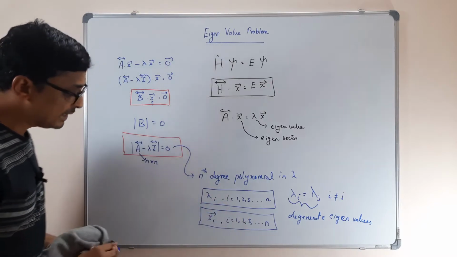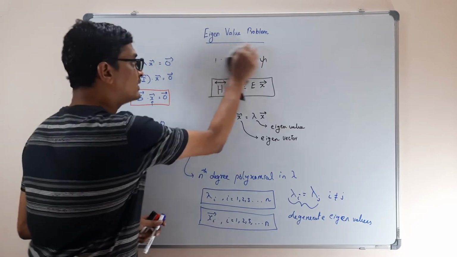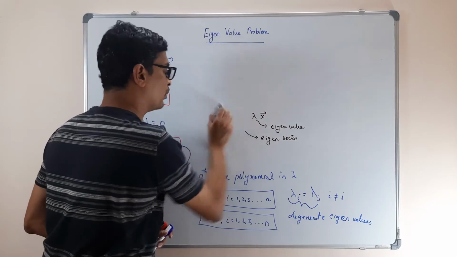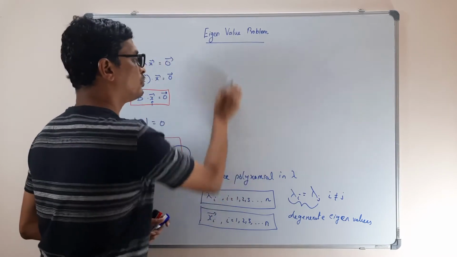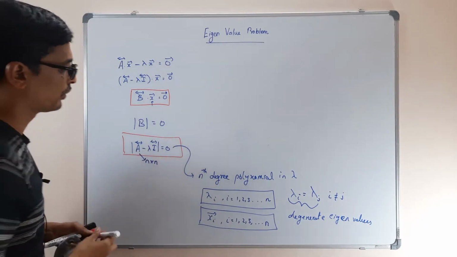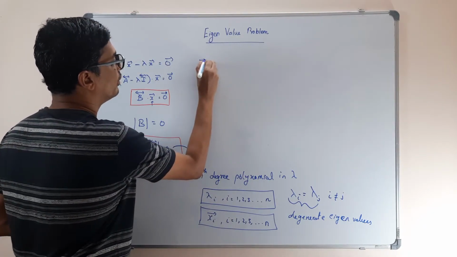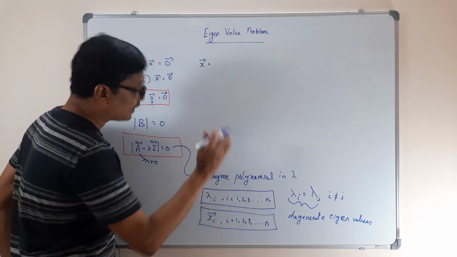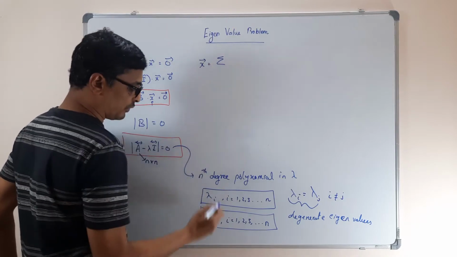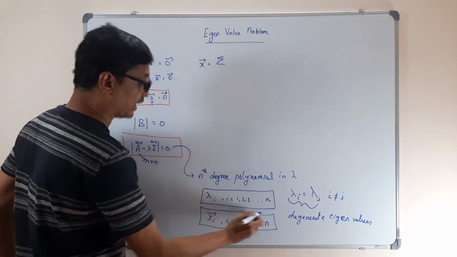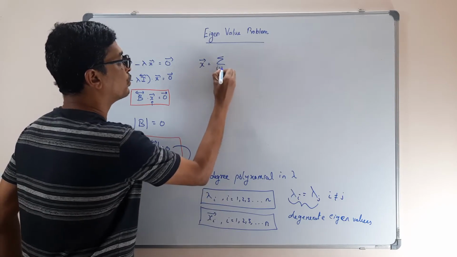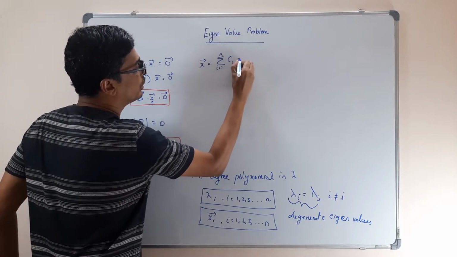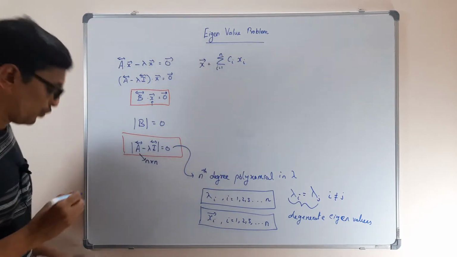Since xi is a linearly independent set of eigenvectors, they can form a basis. So any arbitrary vector x we can write as a summation of these eigenvectors, with i equal to 1 to n because it is an n cross n matrix, with some constants ci times xi.